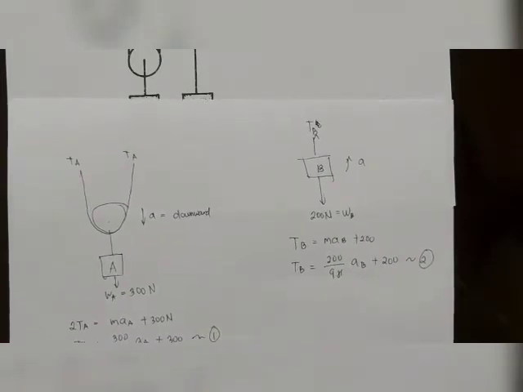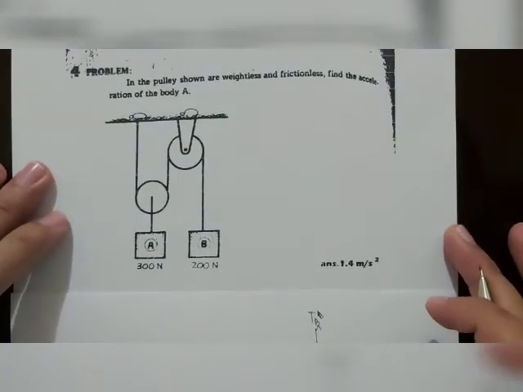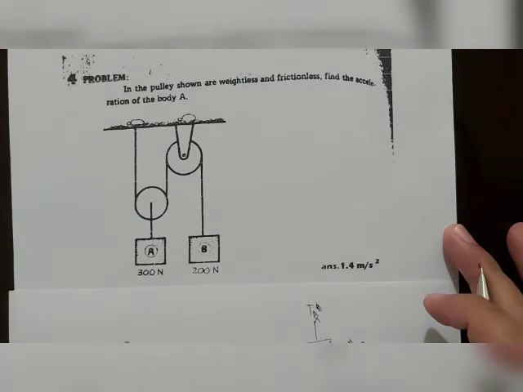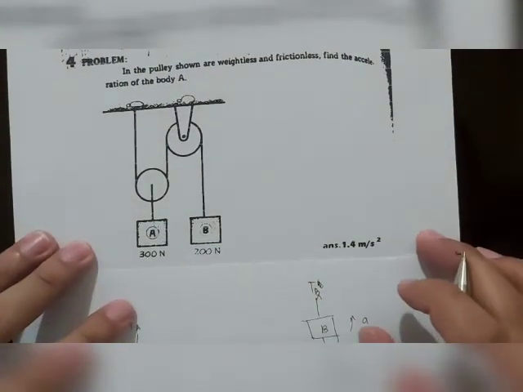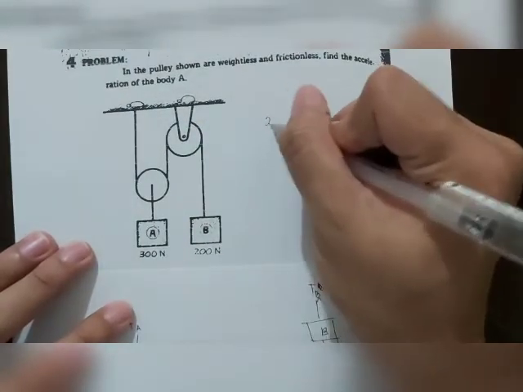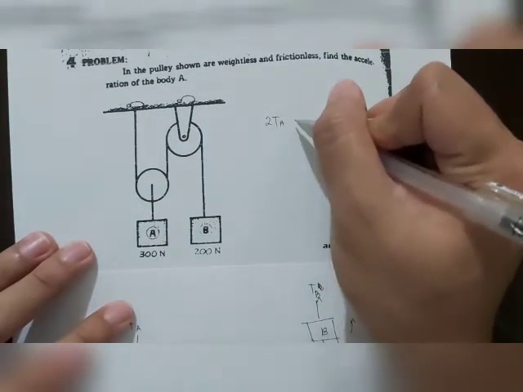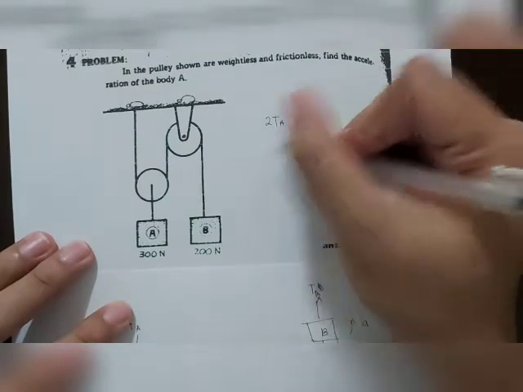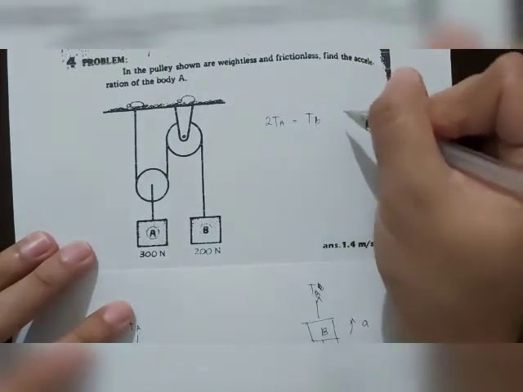Okay. So, from the pulley diagram, we can say that the two tension of A is equal to the tension B. Okay?